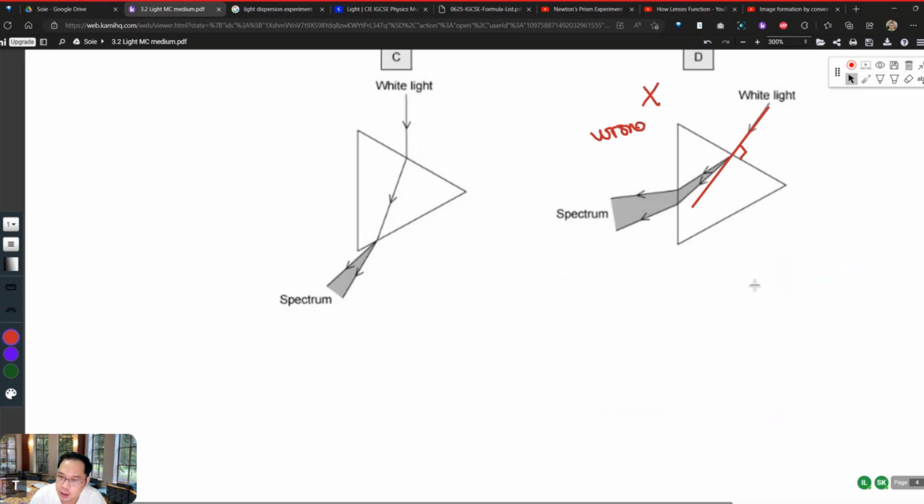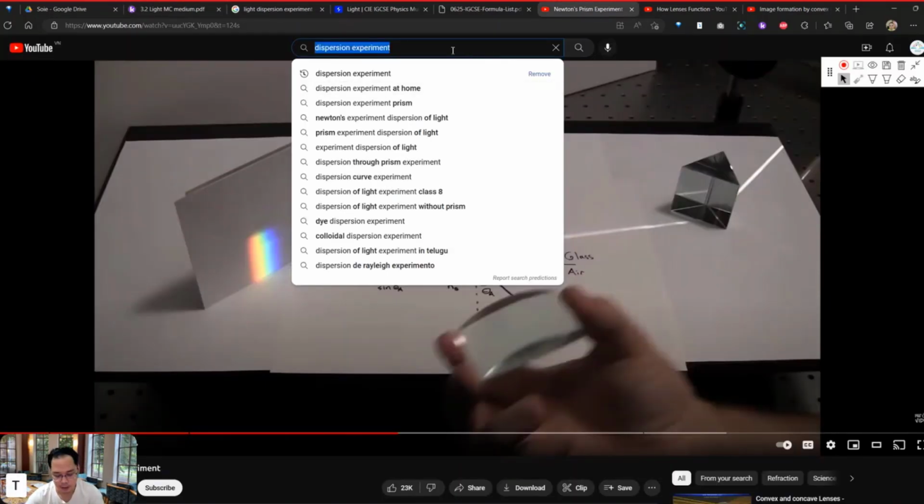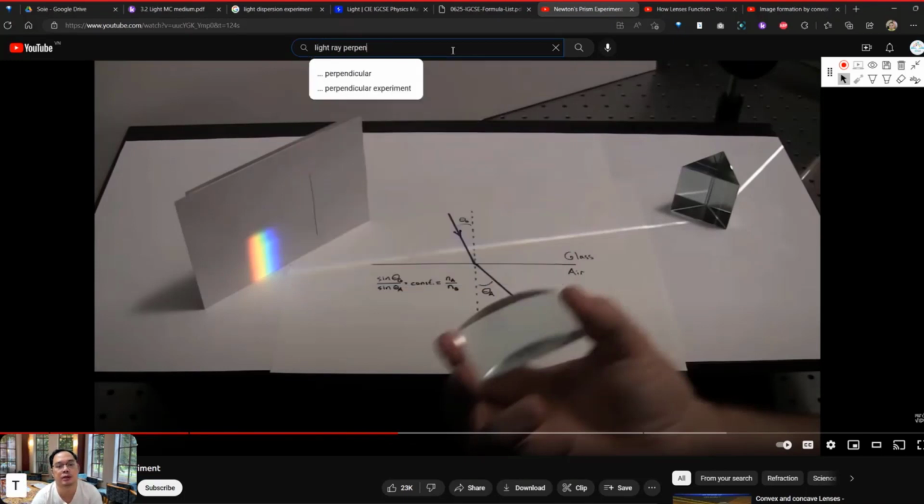Okay. Let me try finding an experiment showing that if the light is perpendicular to the surface, it is not refracted, but going straight. I haven't seen one because I didn't look for that case, but hopefully. Light ray perpendicular to a surface. Refraction.